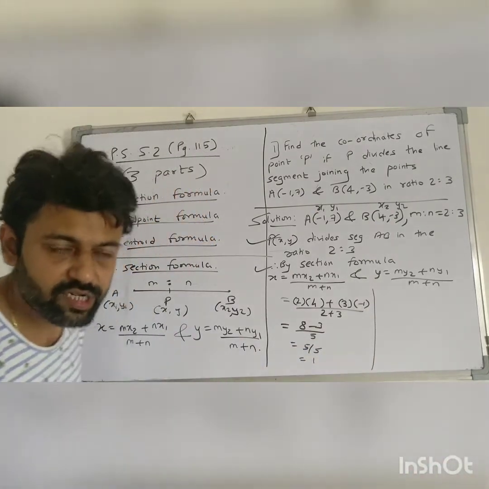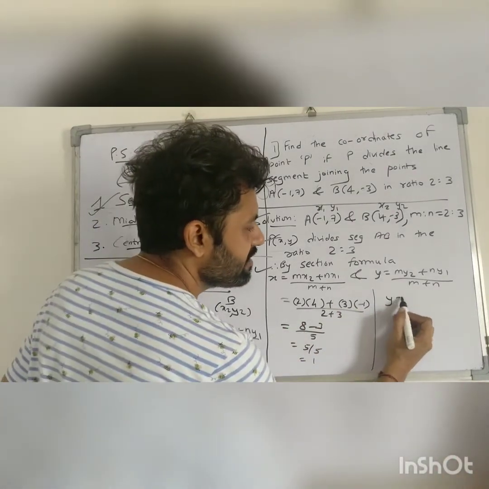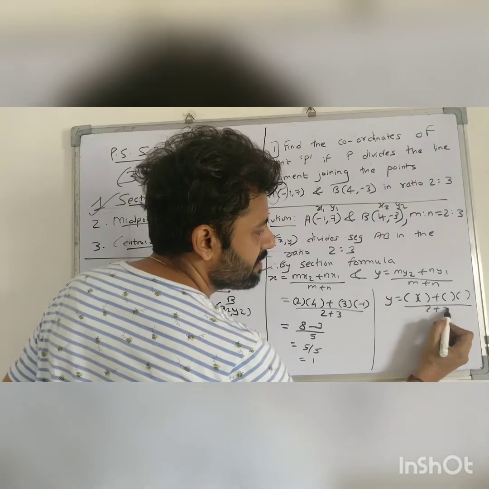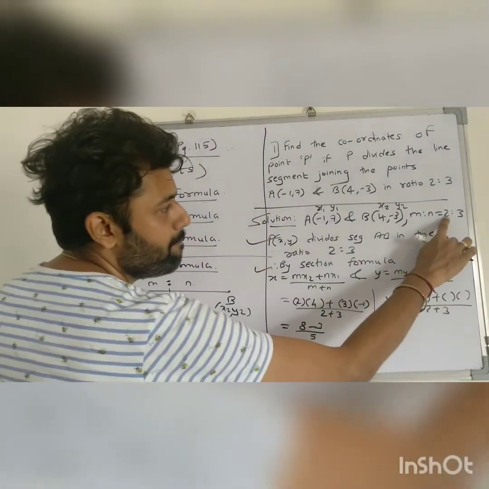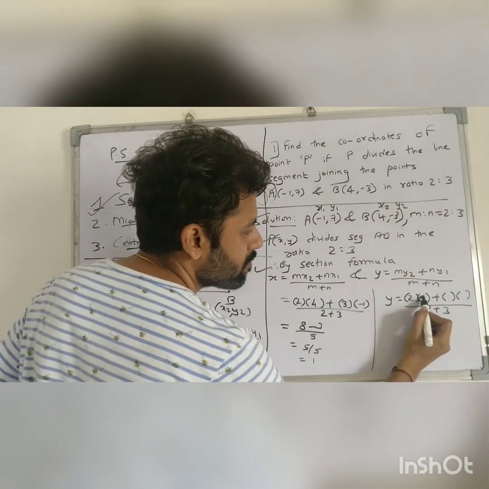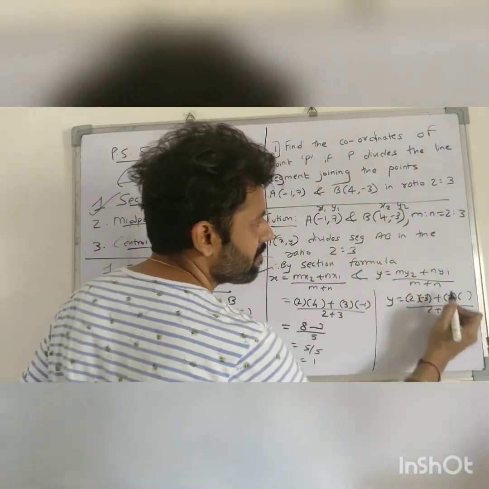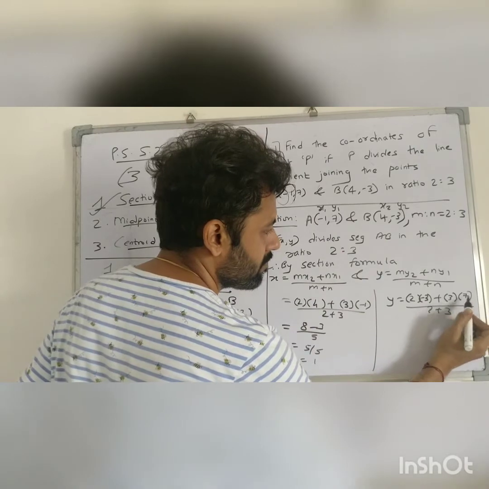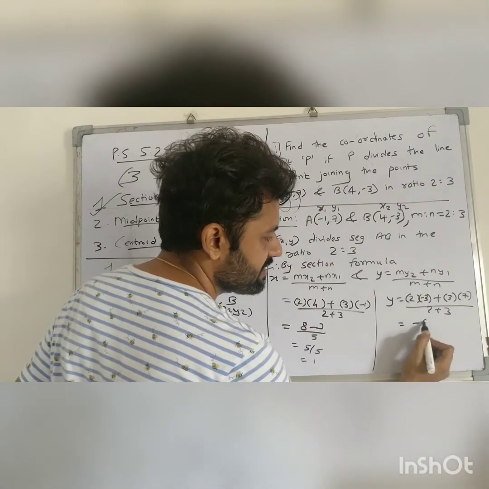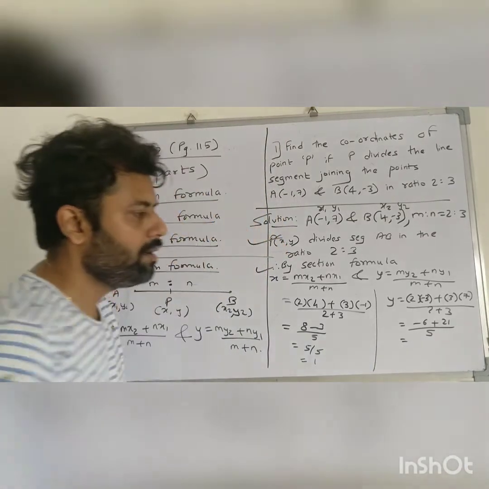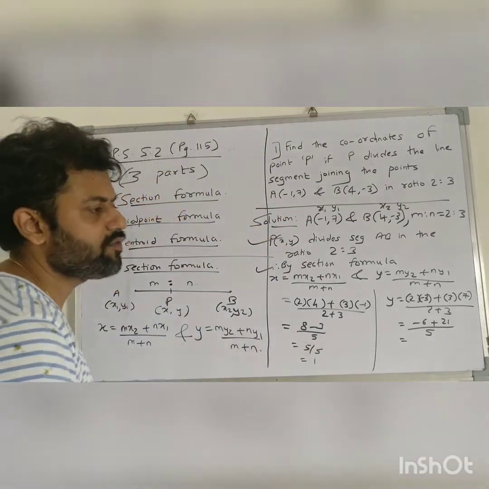You can make a partition if you want. y equals my2 plus ny1 upon m plus n. m y2 plus n y1, minus 6 plus 21 upon 5. Plus minus minus 21 minus 6 is 15.